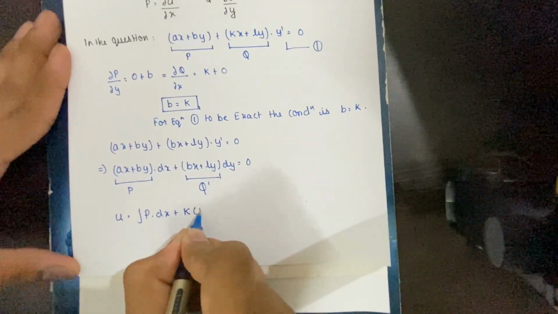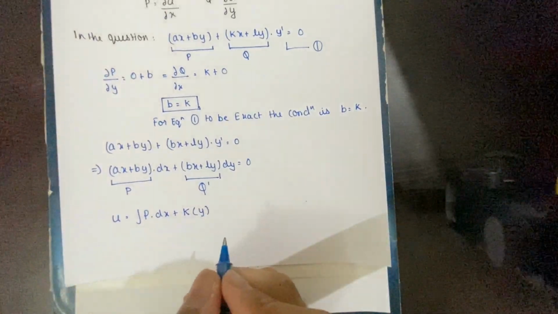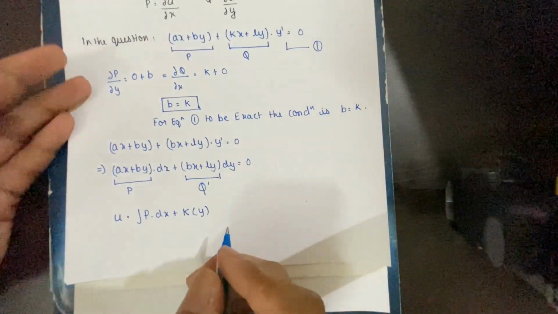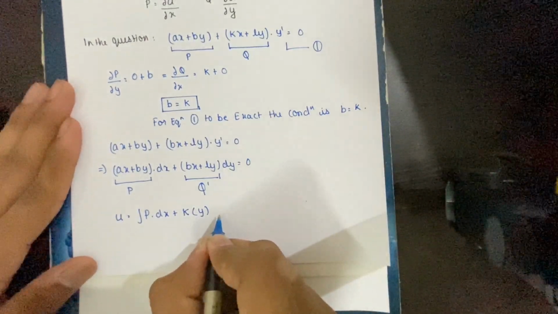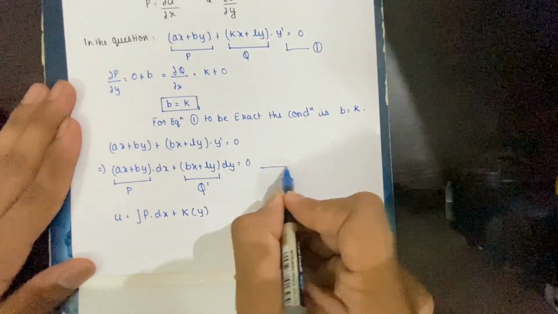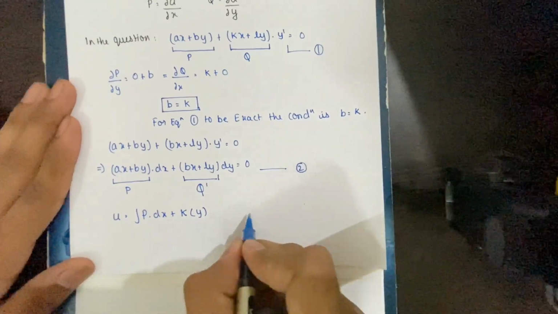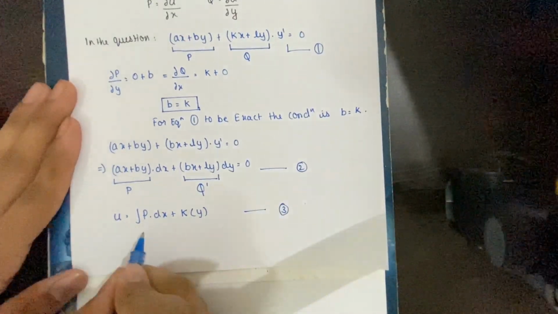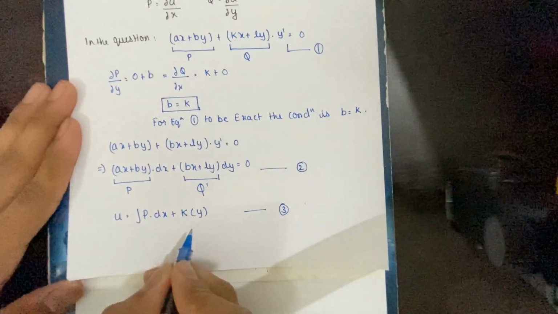I'm assuming it as k of y; I could assume it as g of y or f of y, but we won't have any problem with it. If we consider this as equation number 2, let's consider this as equation number 3. So u equals integral p dx plus k of y.